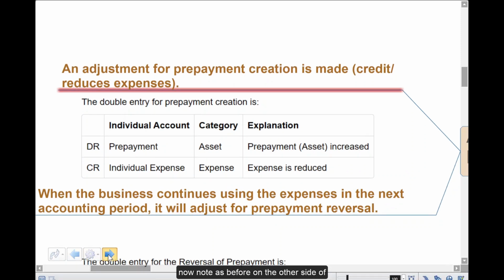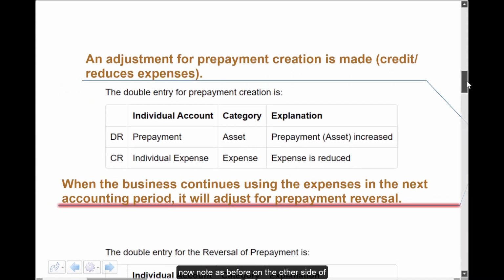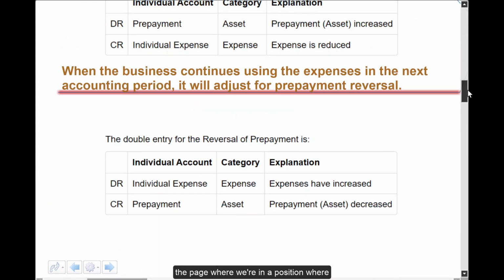Now note, as before on the other side of the page, where the business continues using the expenses in the next accounting period, it has to adjust for the prepayment reversal for the same reasons that we saw in relation to the accrual. Firstly, let me show you how we do that, and let me explain a little bit further.